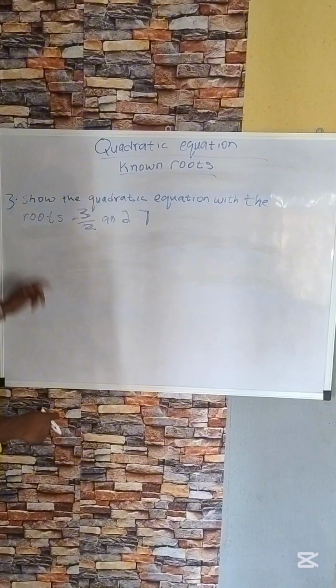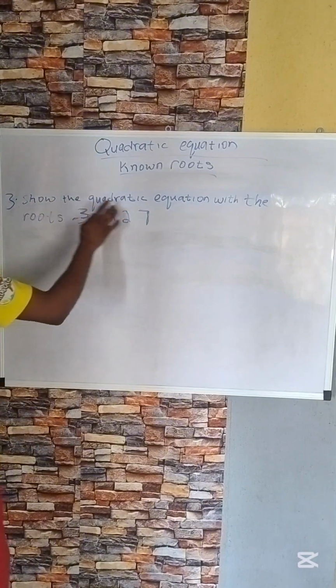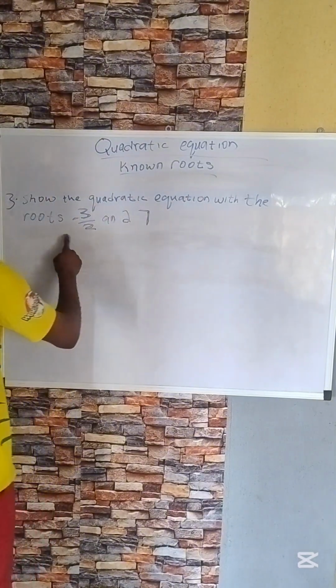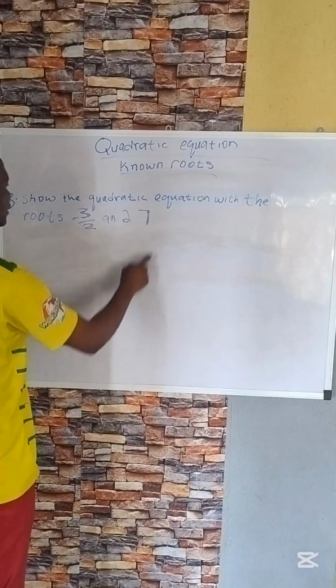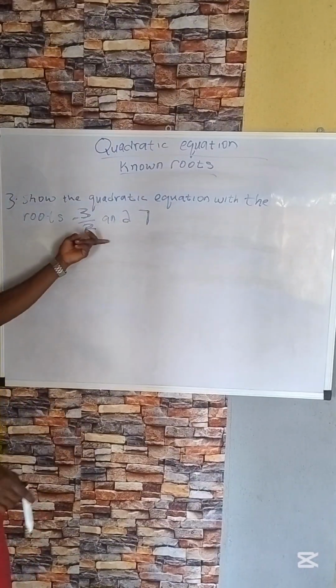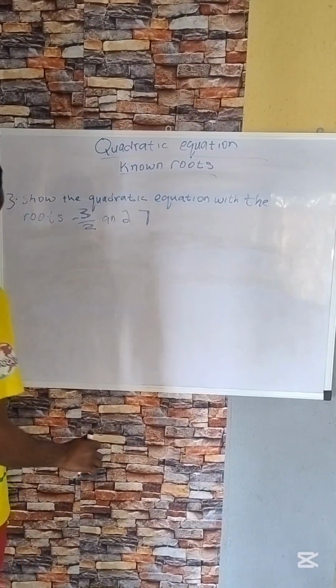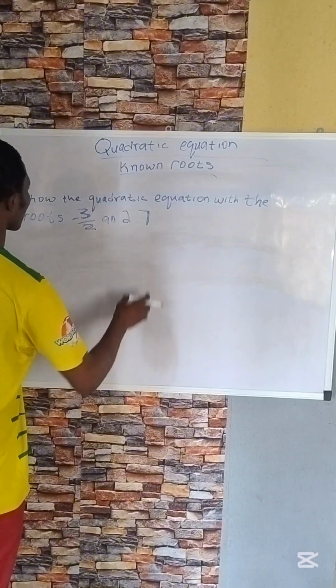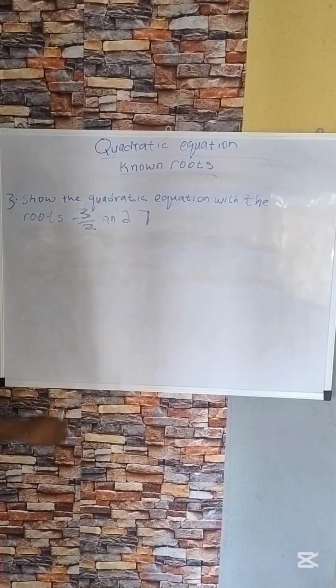So we have our third example: show the quadratic equation with the roots minus 3 over 2 and 7. I decided to add this one with a fraction just for illustration purposes. We do the same thing we have been doing.